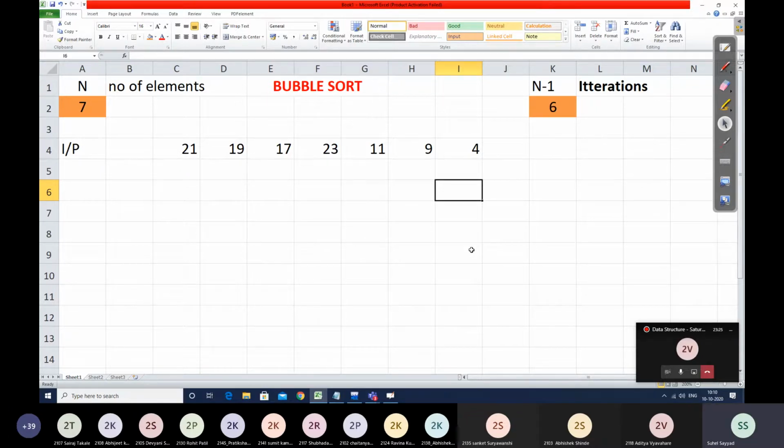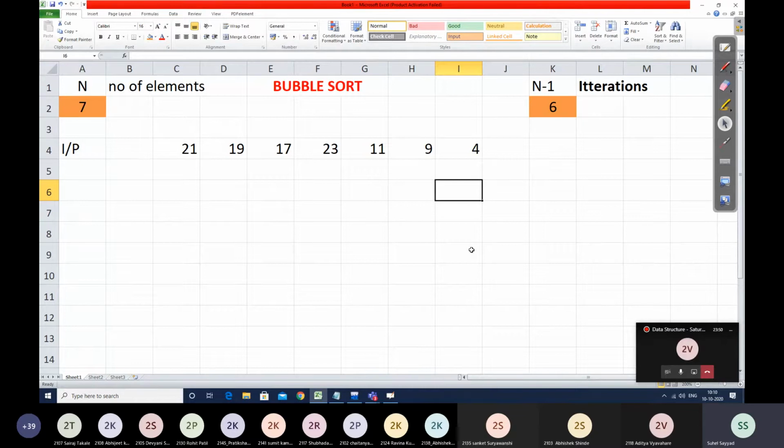Because 23 would have reached the last position, we will reduce our problem by one size from the right hand side. So we will ignore 23 in the next iteration. In iteration number 2, we will have only 6 numbers remaining.